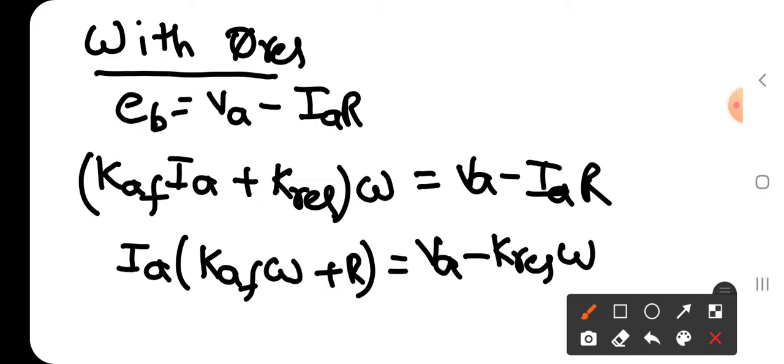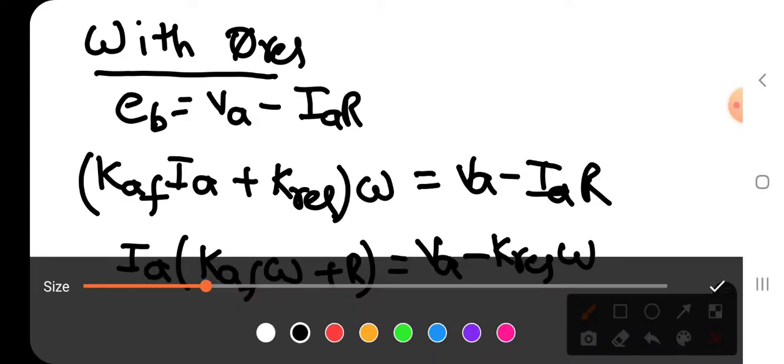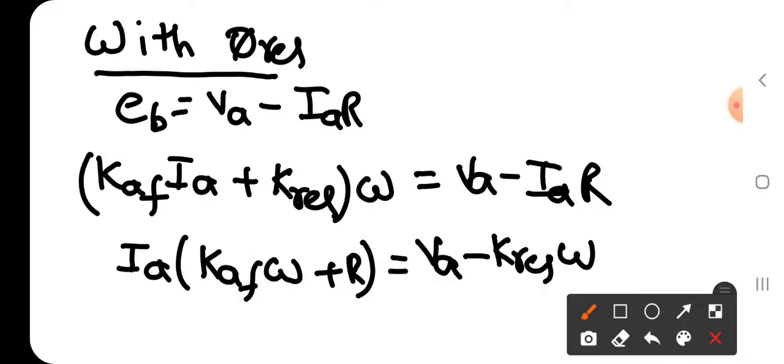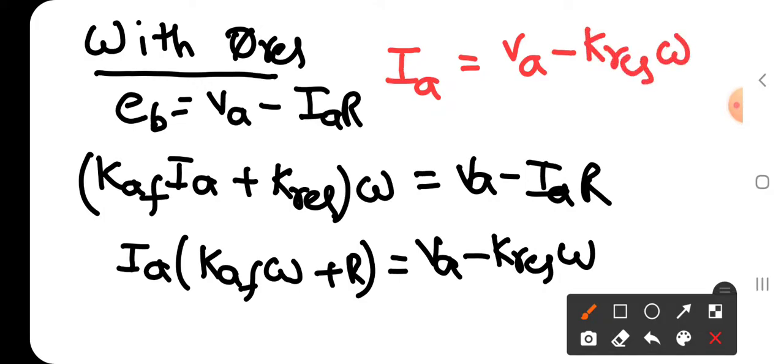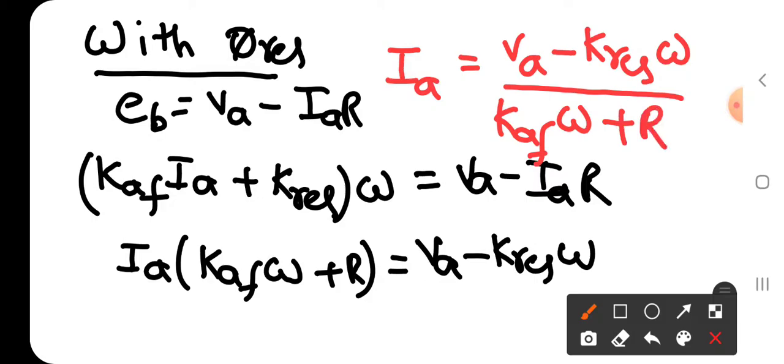Therefore, what is I_A? From this equation, I_A is equal to (V_A minus K_RES into omega) divided by (K_AF omega plus R).